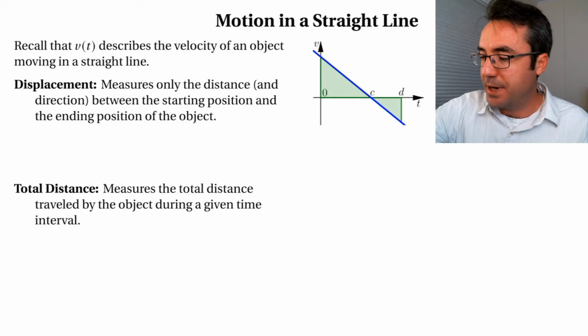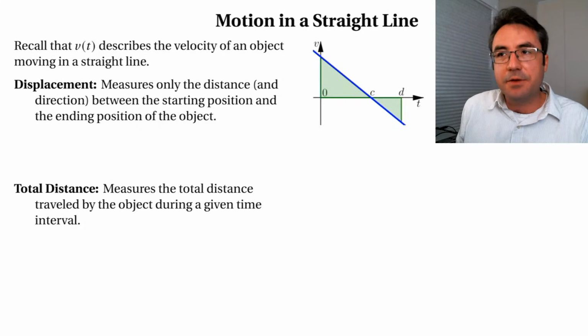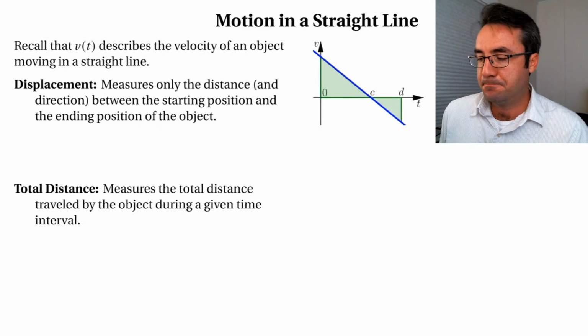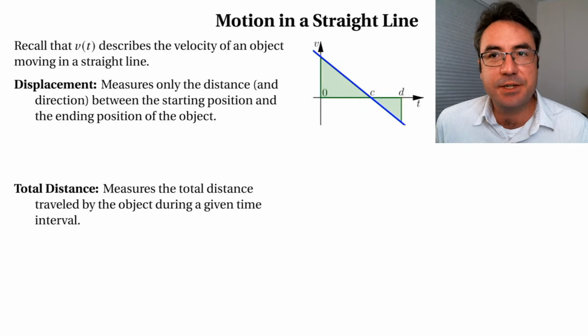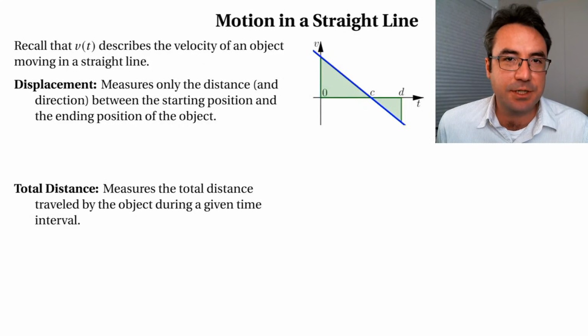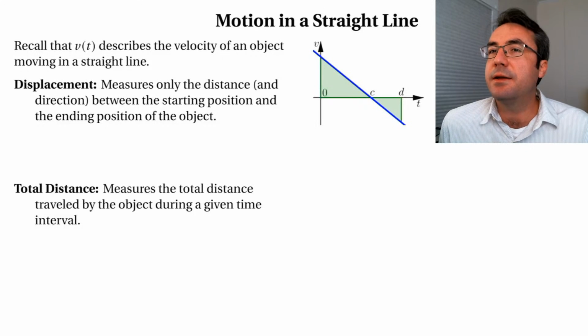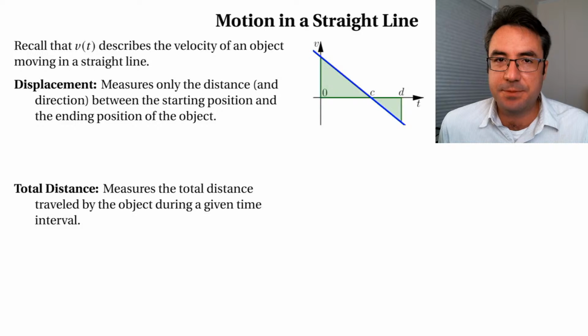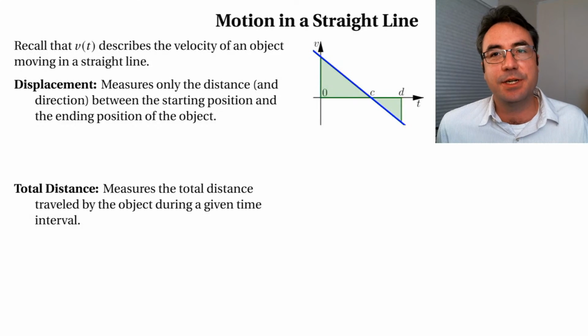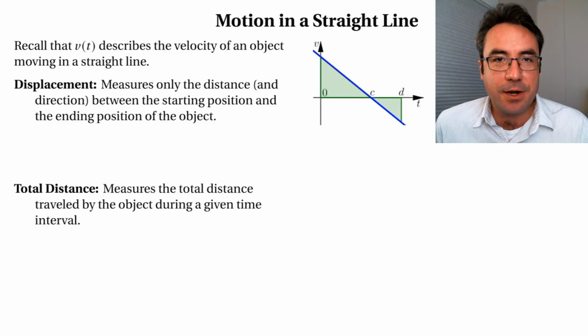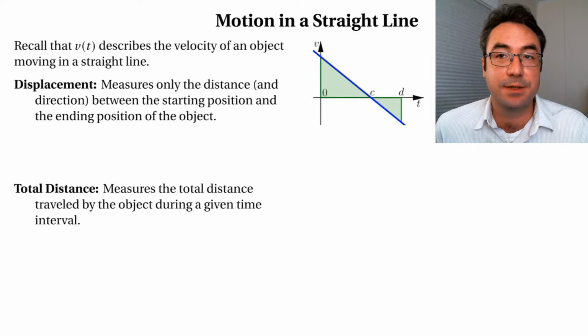So motion in a straight line is where we're going to be primarily focusing here. So let's just recall, V of t describes the velocity of an object that moves in a straight line. And we've already looked at displacement. So displacement measures the distance and direction between the starting position and the ending position of the object.